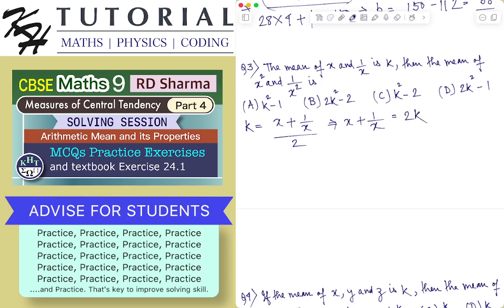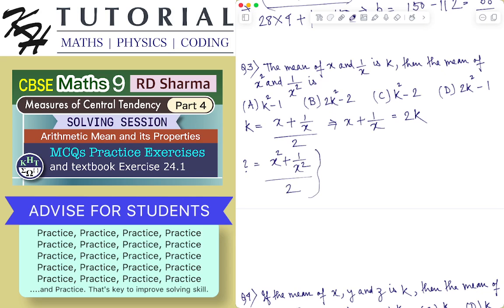Similarly, it is given that we have to find the mean of x square and 1 by x square. So the mean of x square and 1 by x square is x square plus 1 by x square, the sum of the two numbers, divided by 2. I have to find the value of this expression.